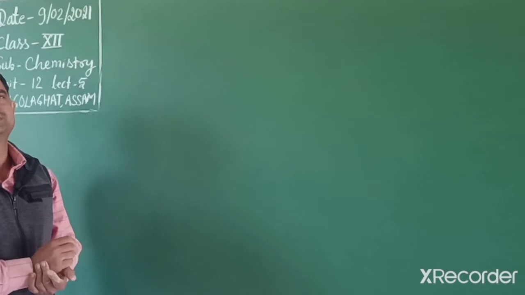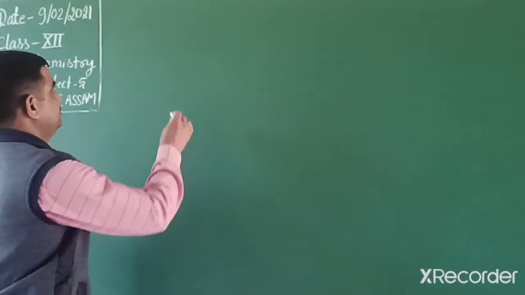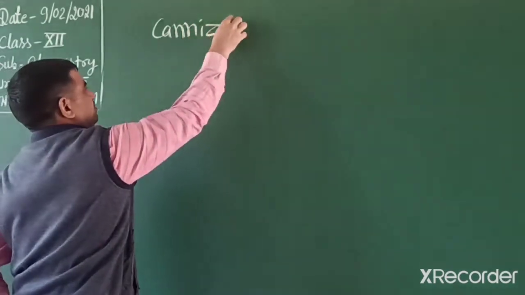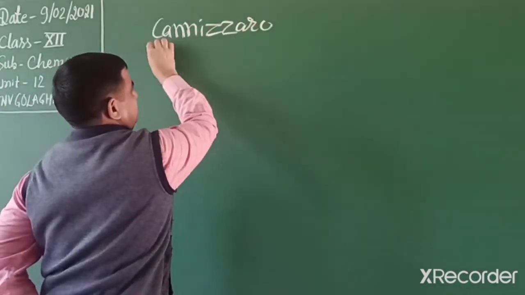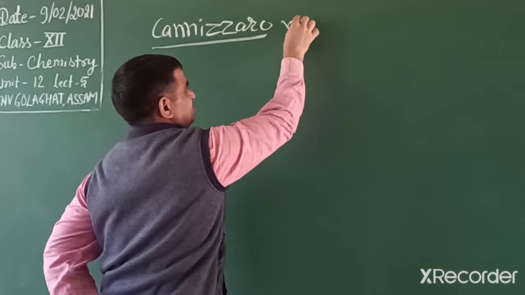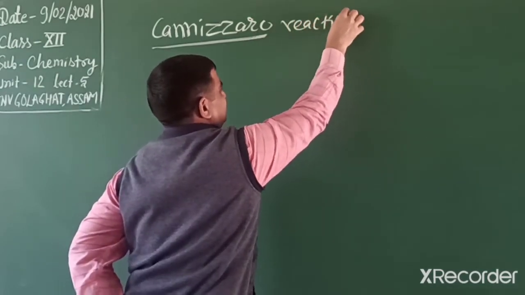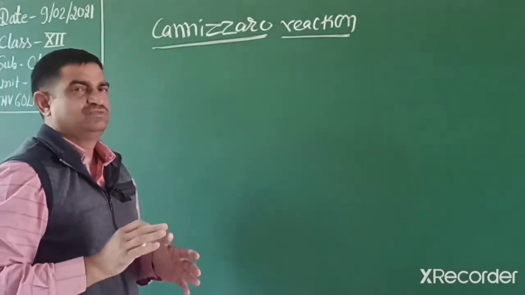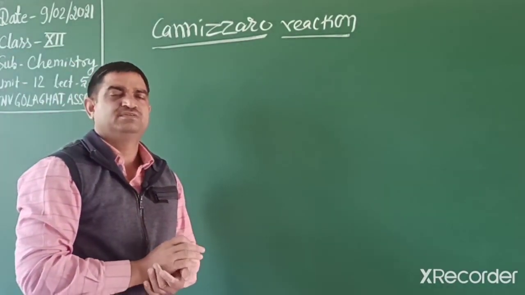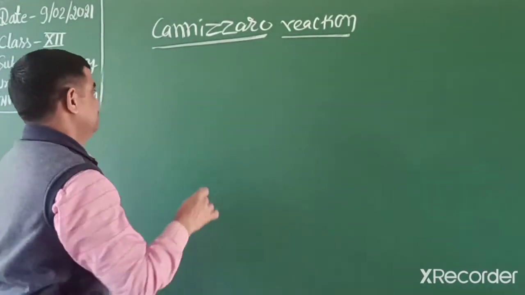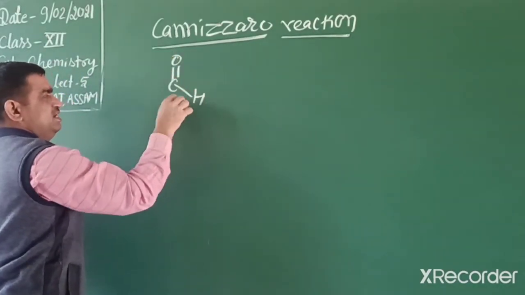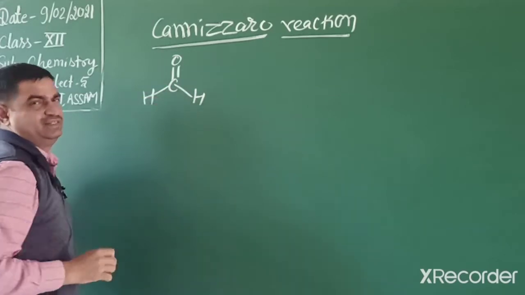Another important reaction is the Cannizzaro reaction. This reaction is only for aldehydes, those aldehydes having an absence of alpha hydrogen. For example, this one, formaldehyde.